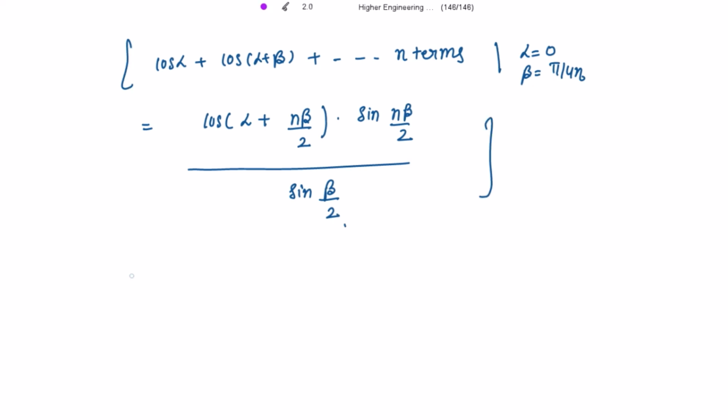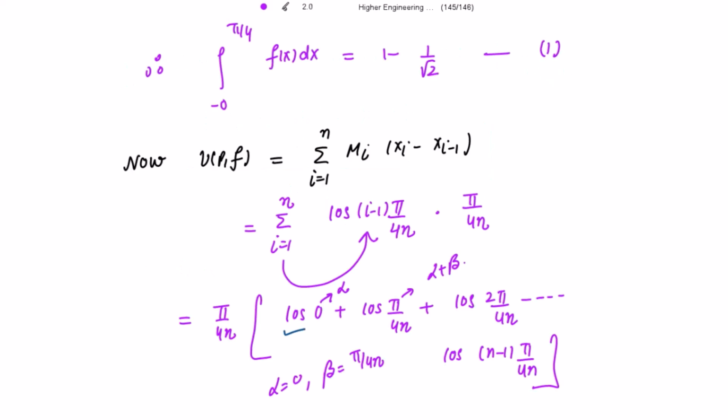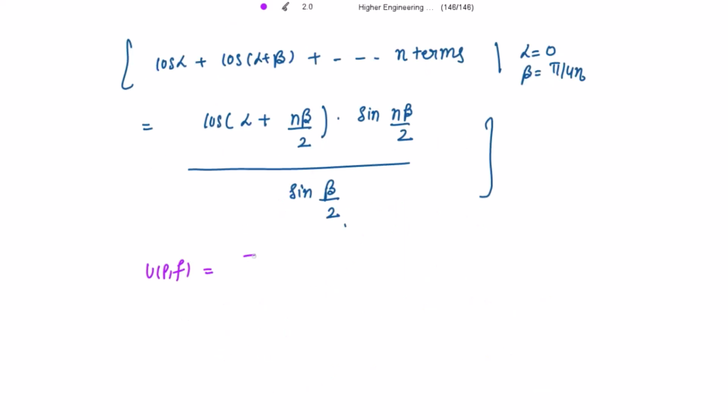The number of terms here is n, because we have started the series from cos 0. Now applying this formula further, we get the upper Riemann sum equal to, I'm already having pi by 4n outside the series, so this is pi divided by 4n. Now applying the formula, we have cos of 0 plus n times beta, which is pi by 4n, and also divided by 2. So n is cancelled out and this becomes pi divided by 8.